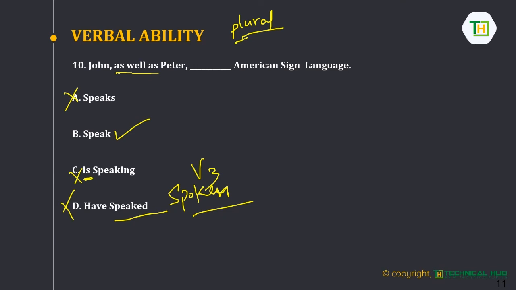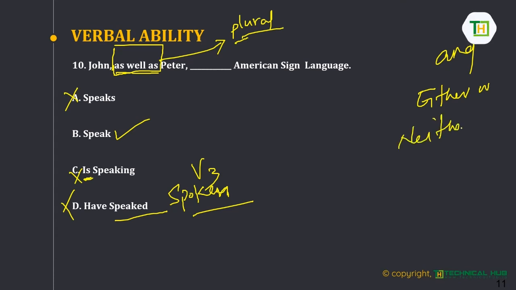John and Peter, these two people, and whenever you are using "and" as a connector here, you should always use a plural verb, I said. Sometimes we use "and", sometimes we use "either or", "neither nor". So for everything, you will have a different usage.